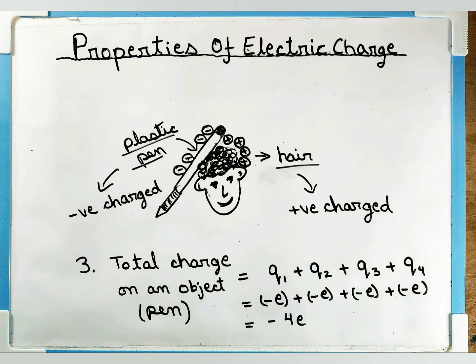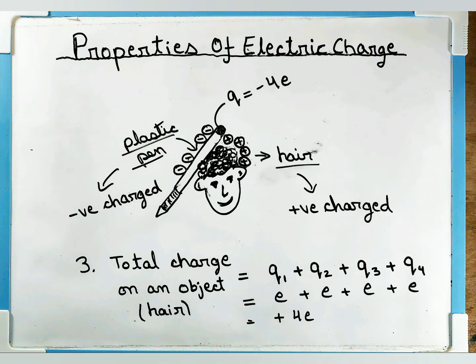So we have minus e, plus minus e, plus minus e, plus minus e, and what you'll get is minus 4e. So the charge of this plastic pen, small q, is equal to minus 4e, and this e is equal to 1.6 into 10 to the power minus 19 coulomb.